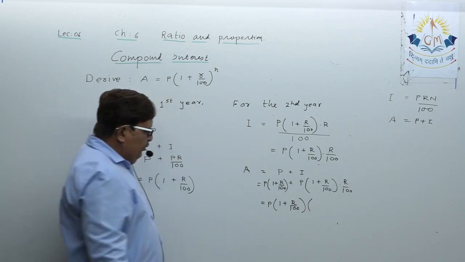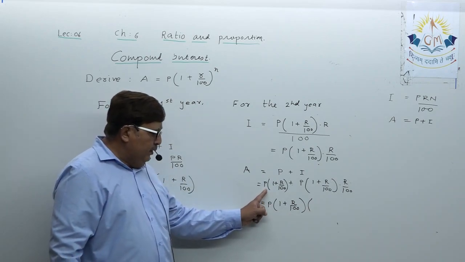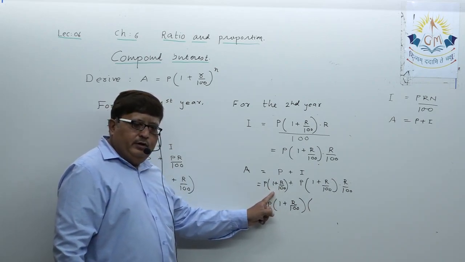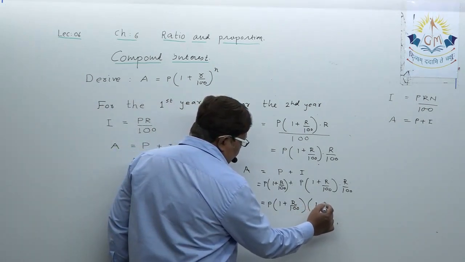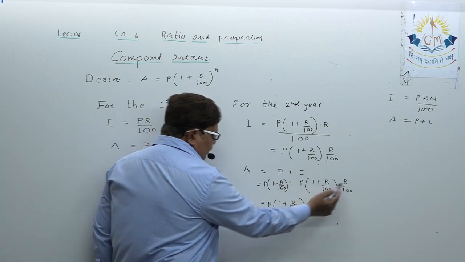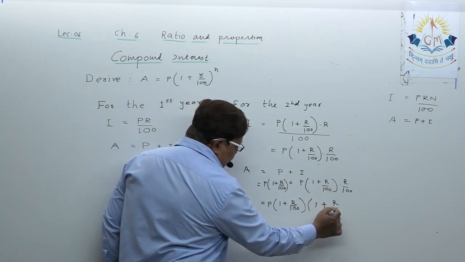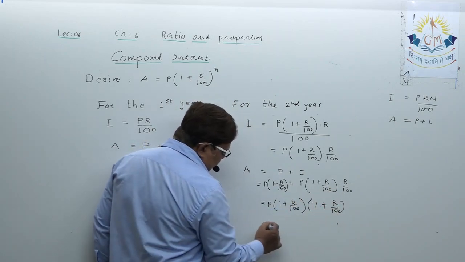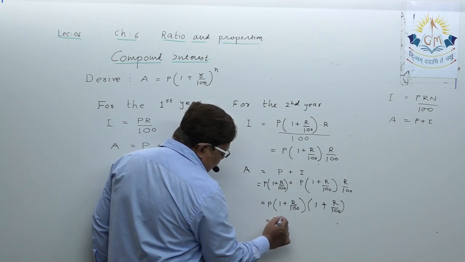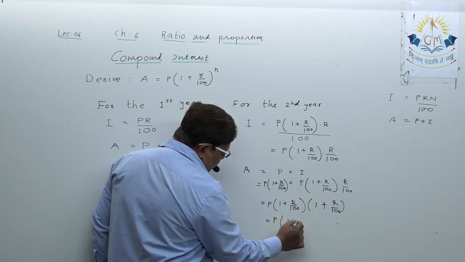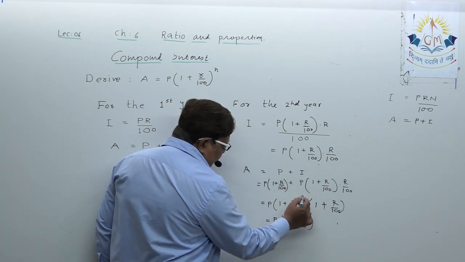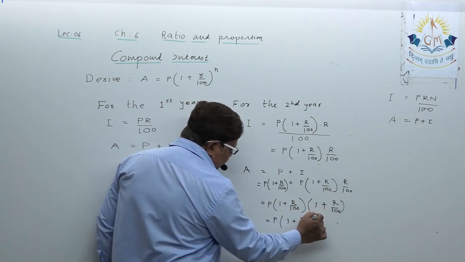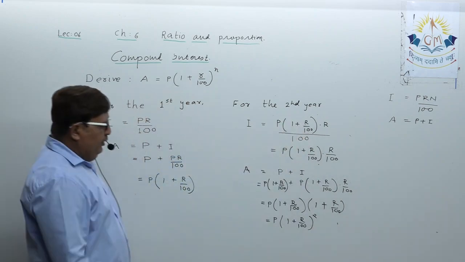Can you tell me what is left here? This whole is taken out as common. So here left 1. This is taken out as common, left R upon 100. So what you got, dear student? P into 1 plus R upon 100 raised to 2. You understood this?